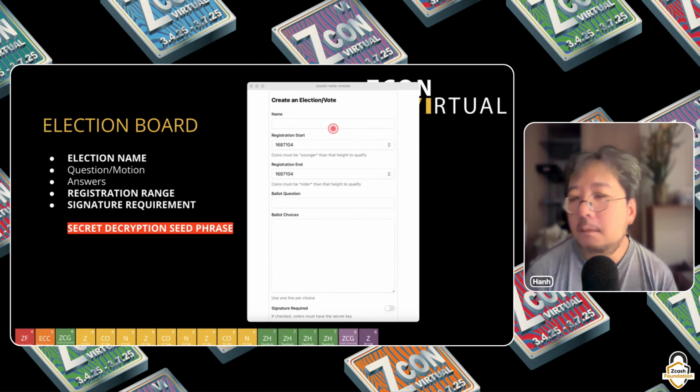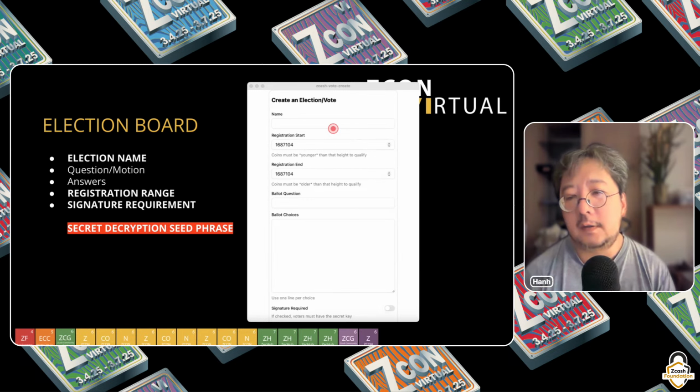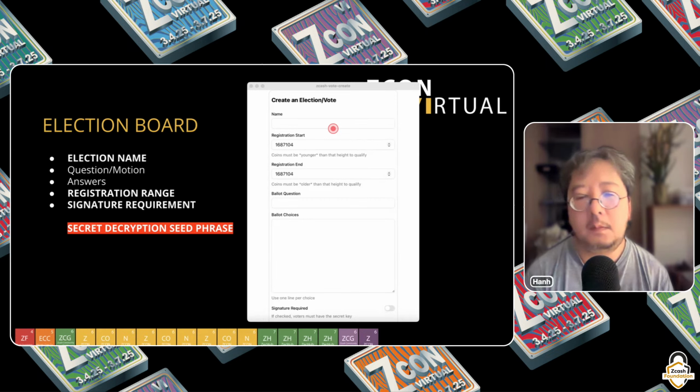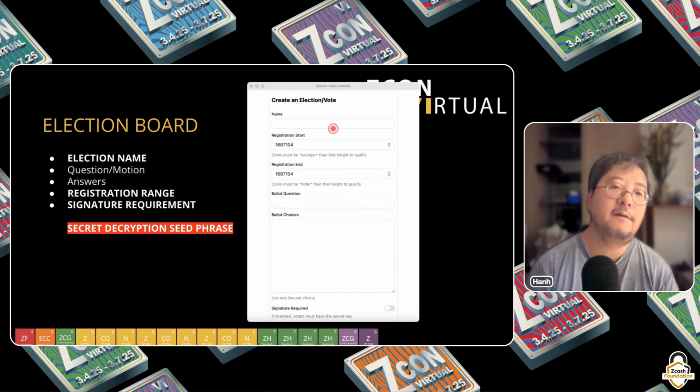So the election name should, for example, include the name of your entity and something that clearly establishes that this is the election we're voting for. That is separate from the question itself. The question or motion, the stuff that you are polling your constituents on, is not going to be part of the hash.